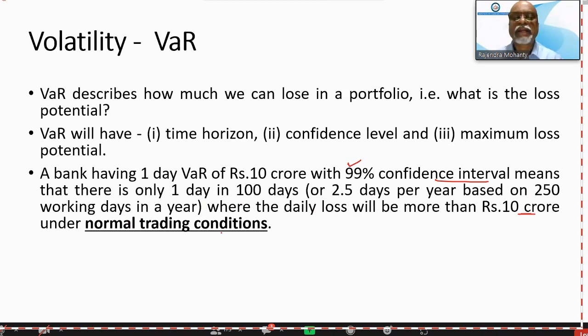This is under normal trading condition. VAR is subject to one condition: VAR will give the correct prediction under normal trading condition. If the market is behaving erratically, then VAR may not give you the correct result. So VAR gives the correct result under normal trading condition.